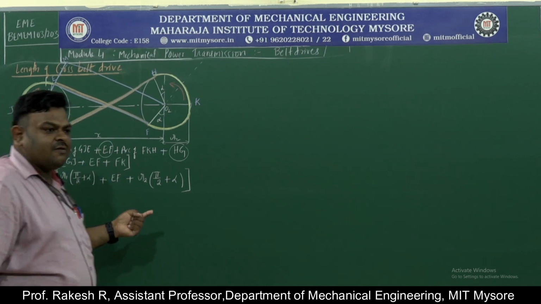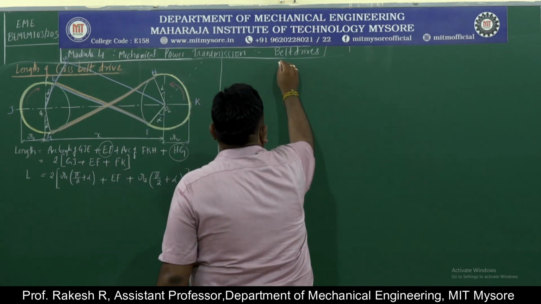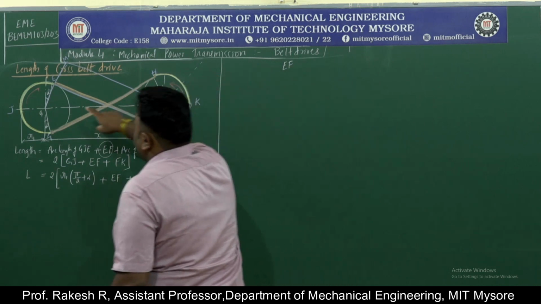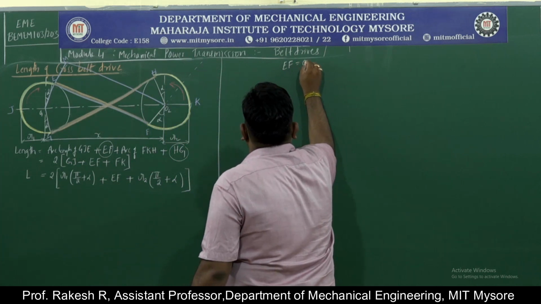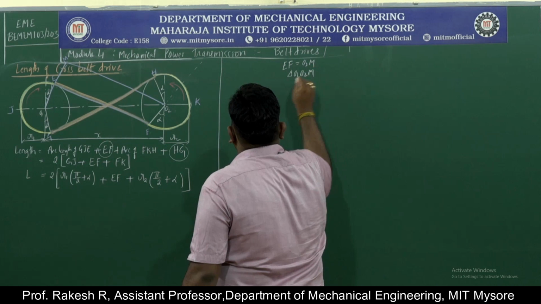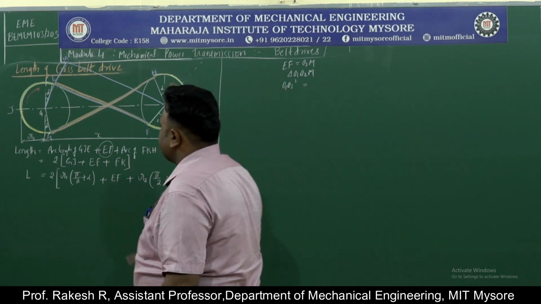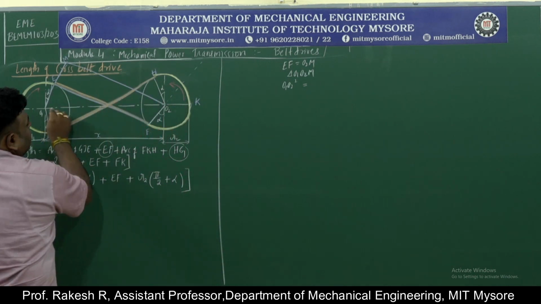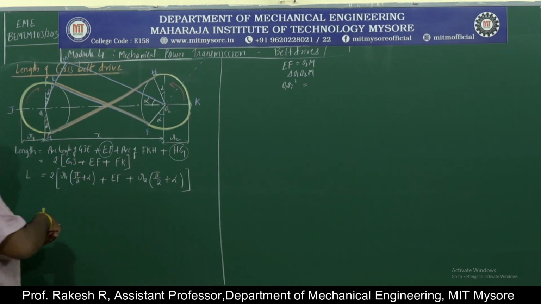Again we will be looking at what EF is. EF is equal to O2M. Same story. I will consider the triangle O1 O2 M. Hypotenuse square is equal to, this part is the hypotenuse. This is alpha. Very important. This is alpha.